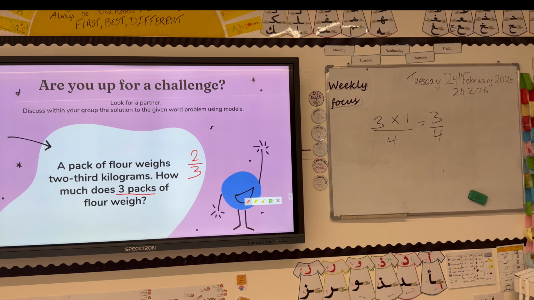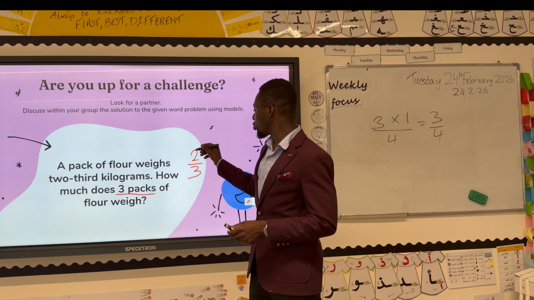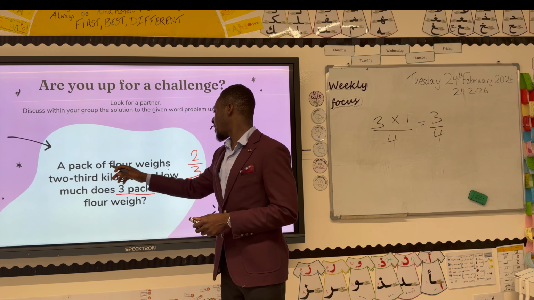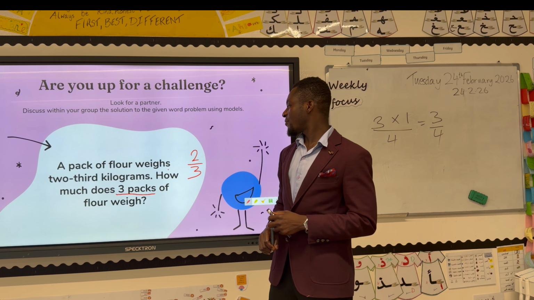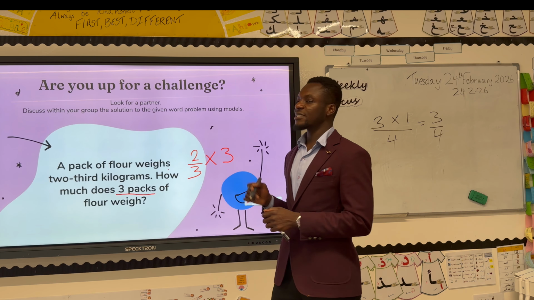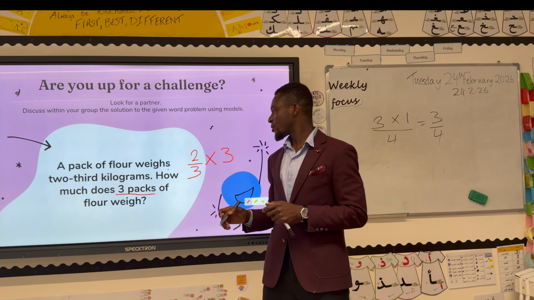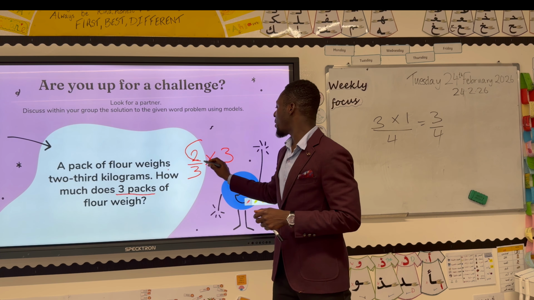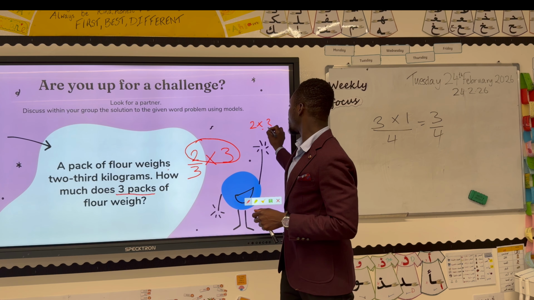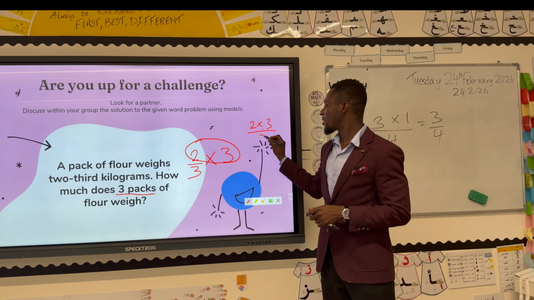Absolutely fantastic. Well done, guys. All right, so let's solve it together. So 2/3 representing how much each pack of kilogram weighs. Then we have 3 packs now. So the first thing to do, what did we say? Good, we multiply the whole number by the numerator. So we have 2 times 3, all out of our denominator, which is 3.